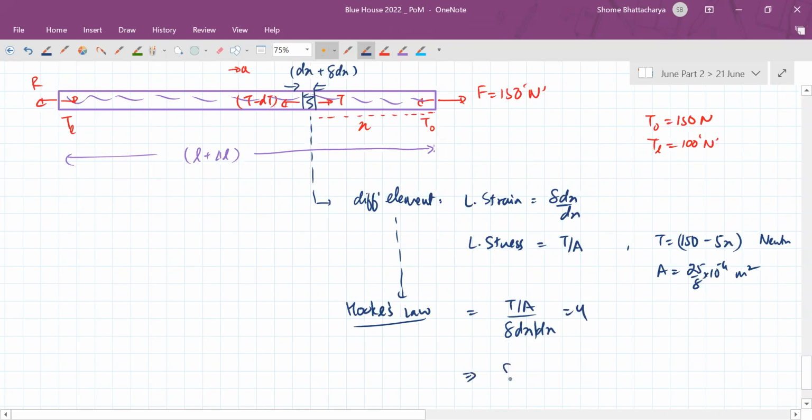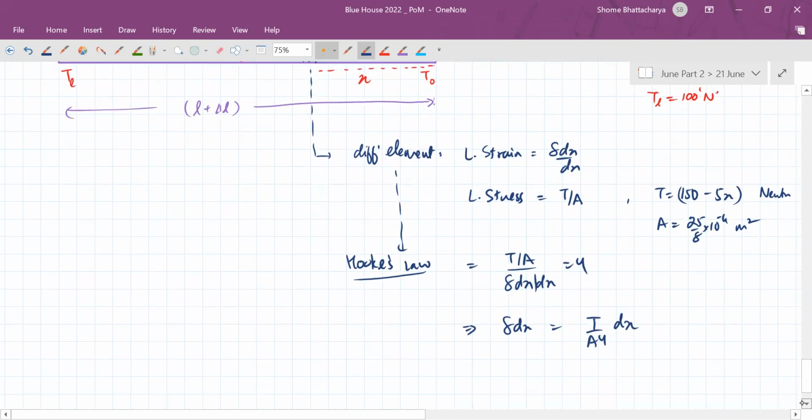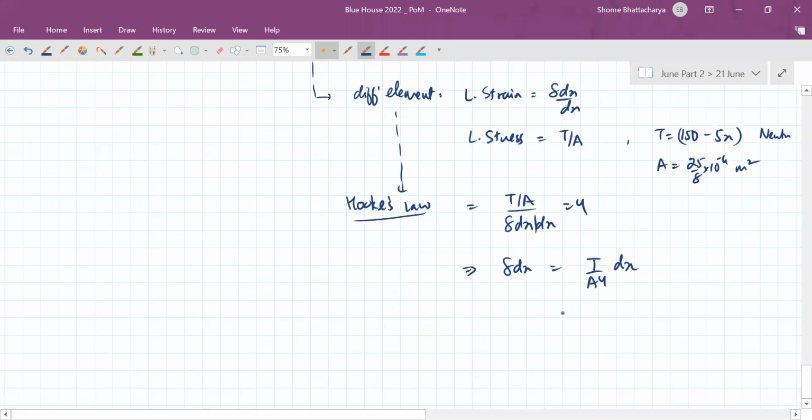So the amount of deformation for that material is stress upon Young's modulus into its natural length dx.